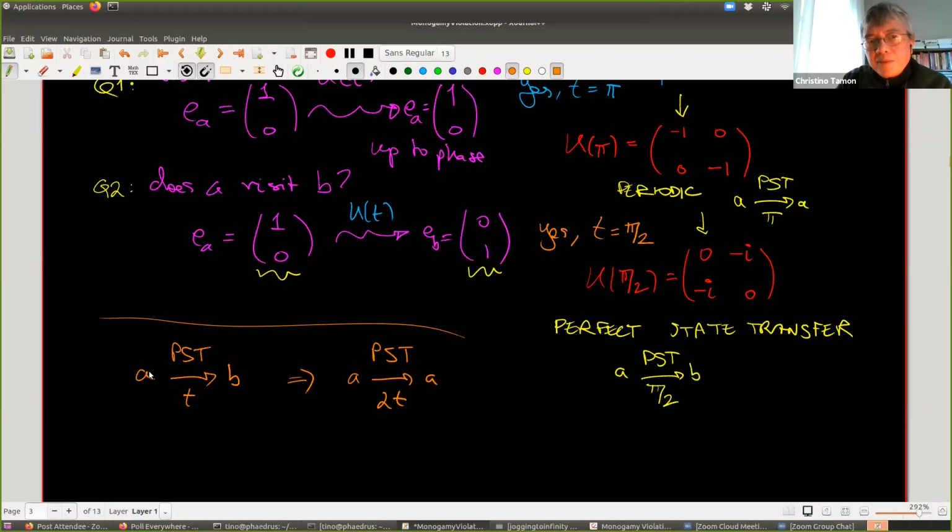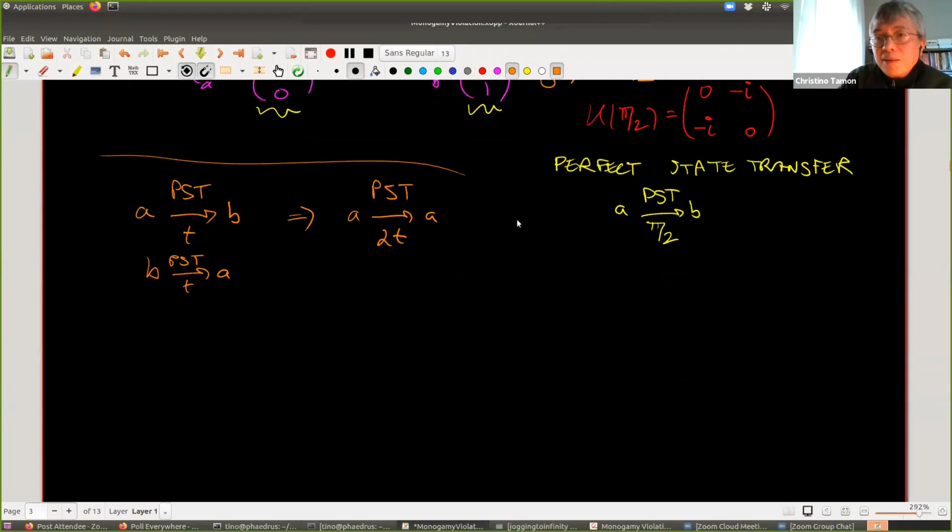So if there's a PST from A to B, immediately there is a PST from B to A by symmetry of that matrix. And hence, you can put these two together and get a return or periodic behavior at time 2t. So PST implies periodicity in some sense.